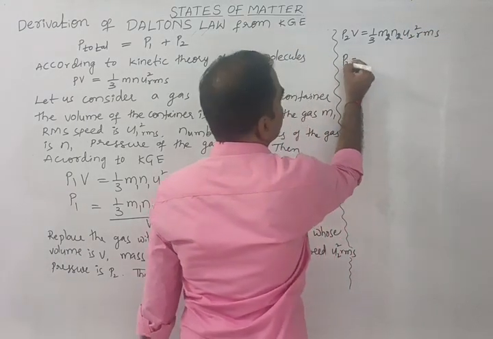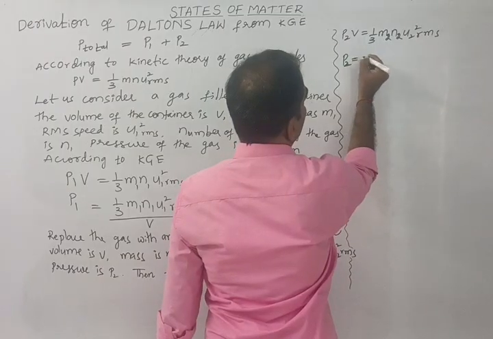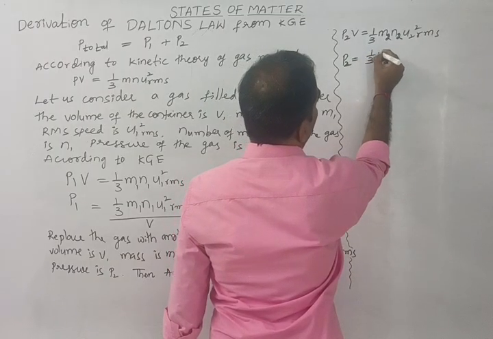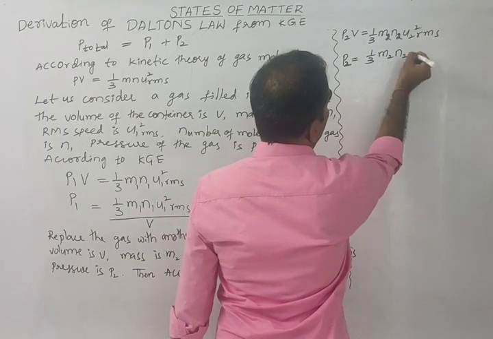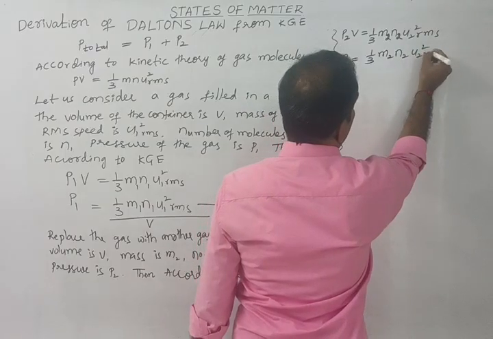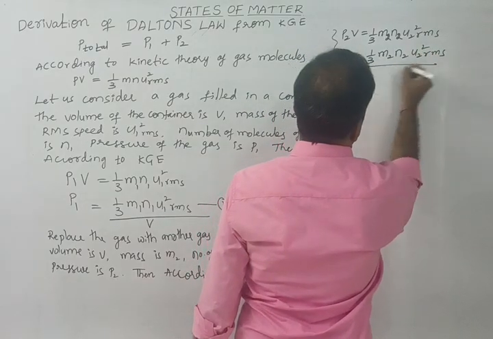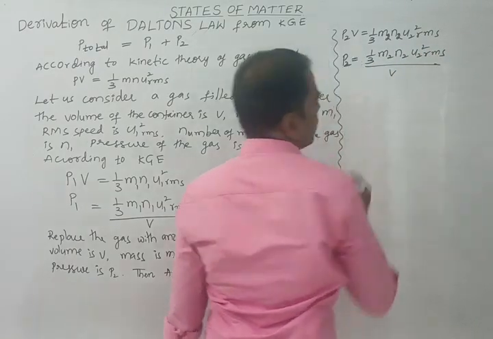So P2 equals 1 by 3 M2 N2 U2 square RMS by V.